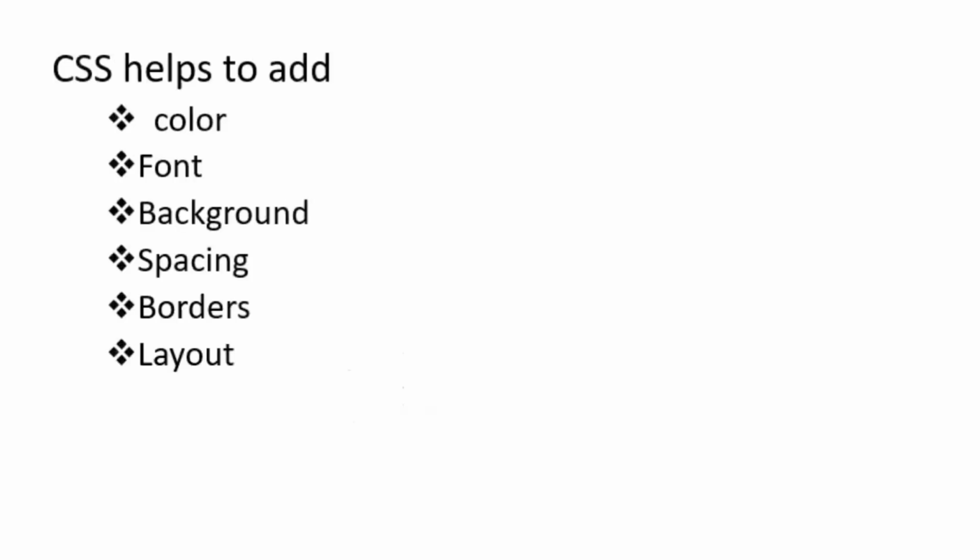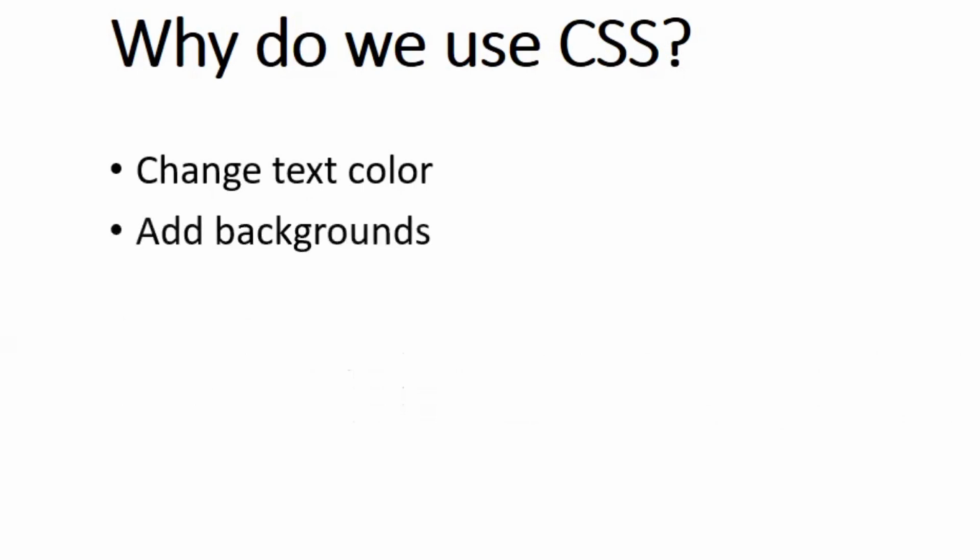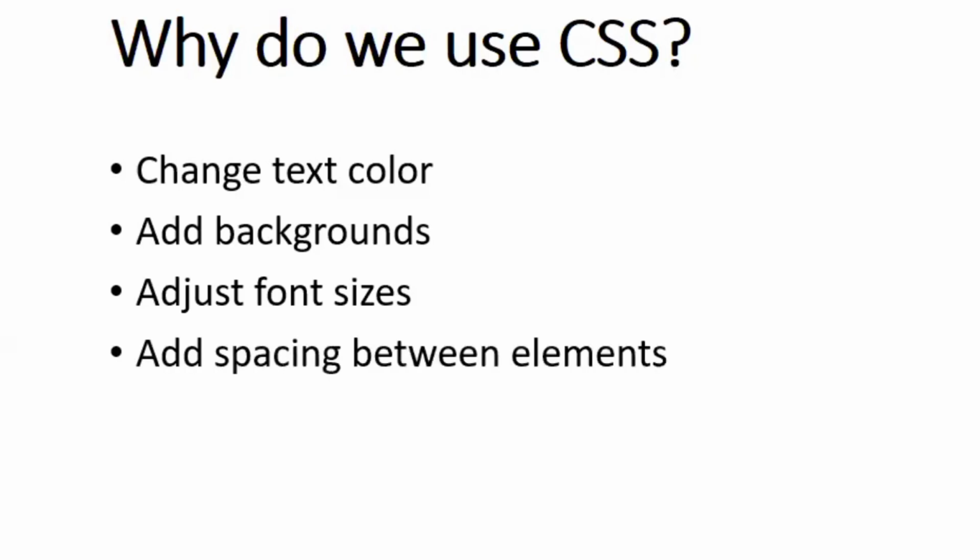So why do we need CSS? CSS helps to add color, font, background, spacing, border, layouts. You can change text colors, add backgrounds, adjust the font size, and add spacing between elements.